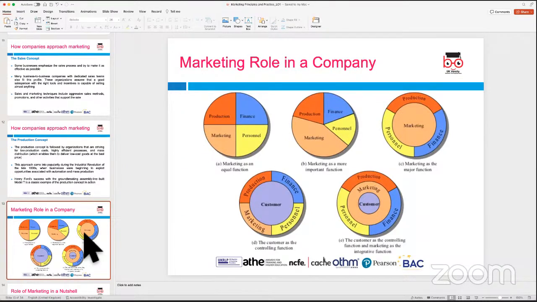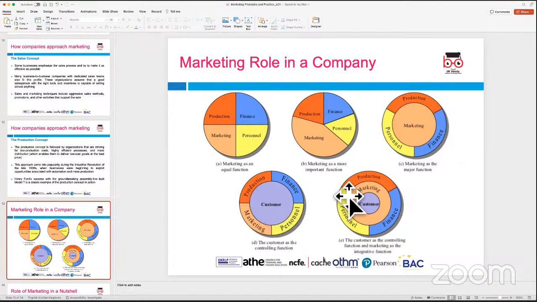So when we look at the role of marketing within a company, we are looking at various departments like production, finance, marketing, HR. In some cases, the role of marketing might be bigger because the company is focused on selling products and services.